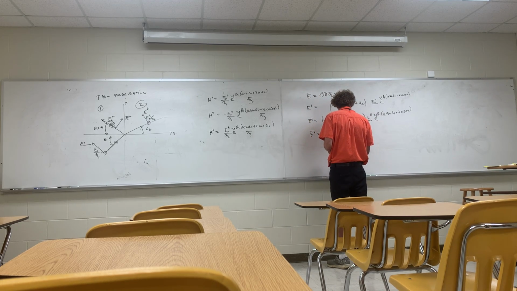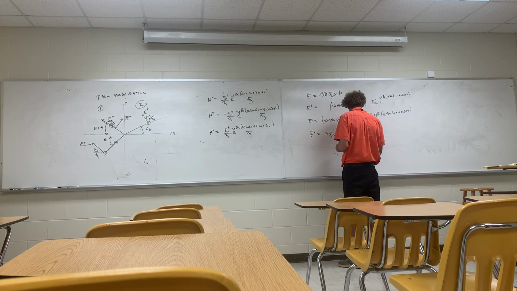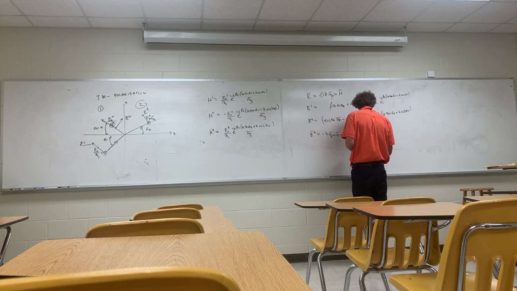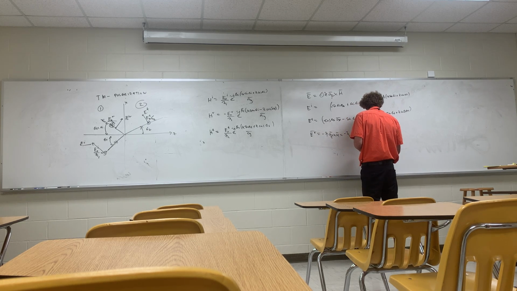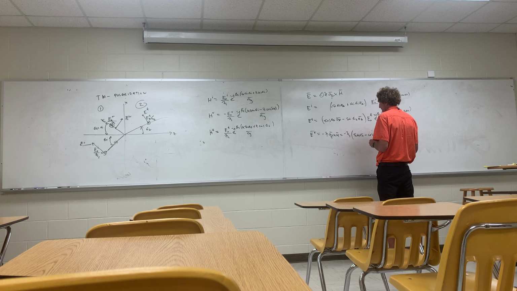So this is going to be minus eta 1, unit vector in the direction of propagation is going to be sine of theta incident AX, and it's going to be minus cosine of theta incident AZ, pardon me, it's going in the negative Z direction. That crossed into the H field.